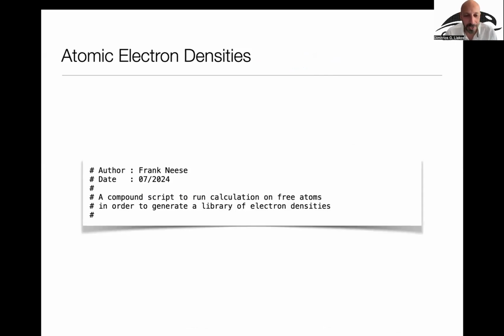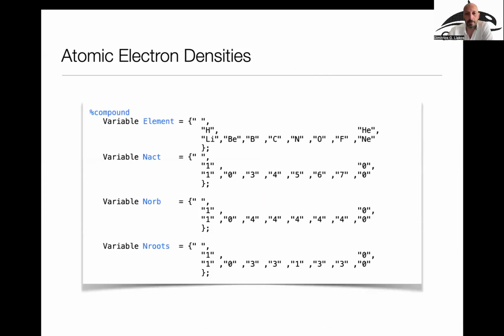Then let's go to something a little bit trickier. So here we want to make a library of the electron densities of free atoms. How can we do that? So we give a list of elements, as you see, whatever elements we need. We give a list of the number of active electrons because we will use CASSCF in some of the calculations.